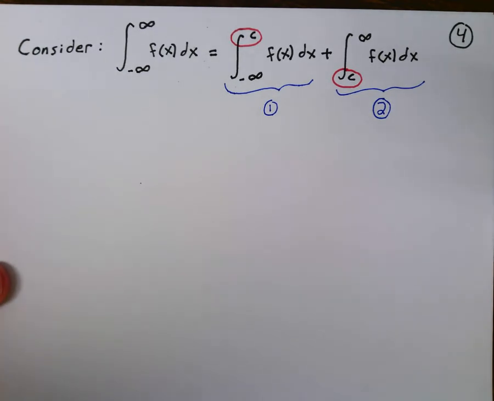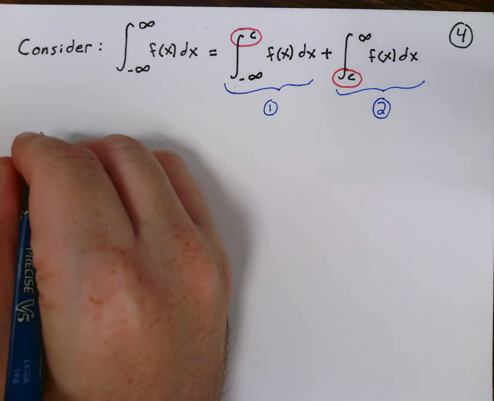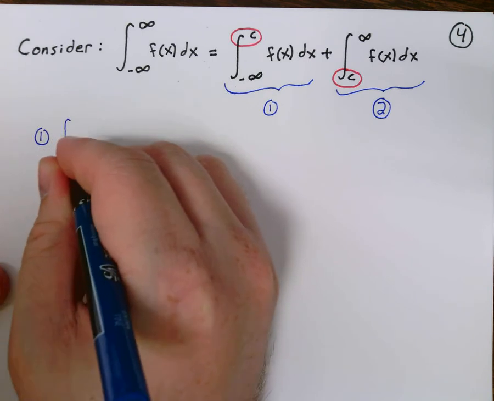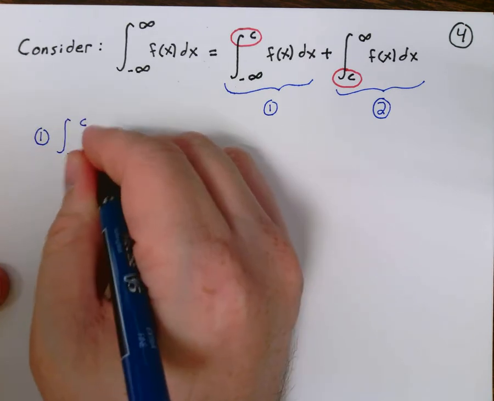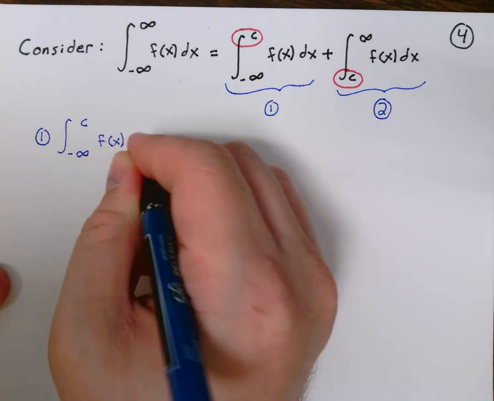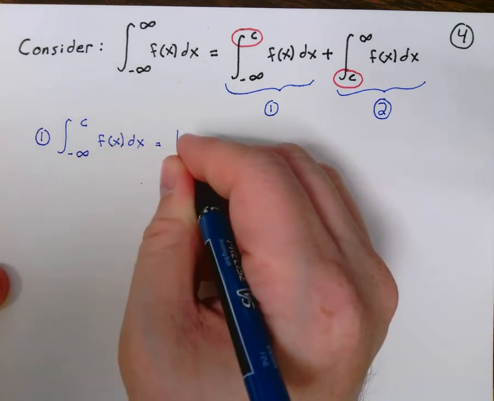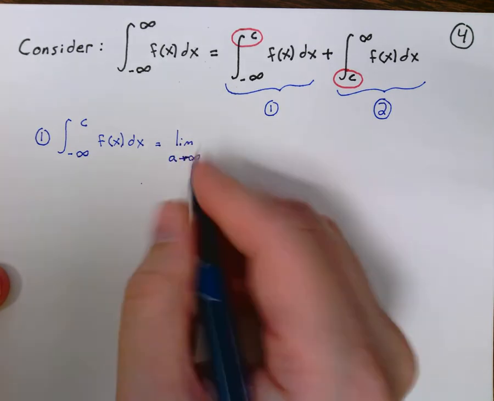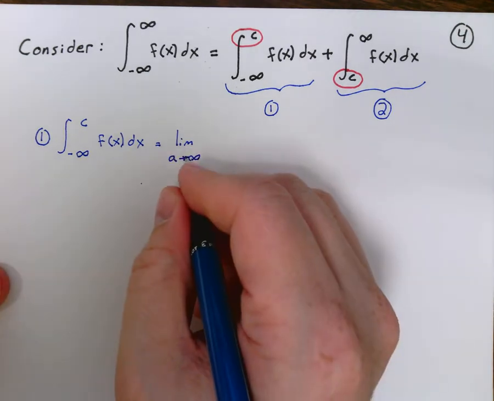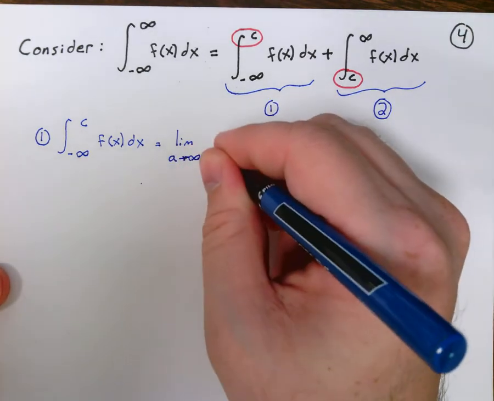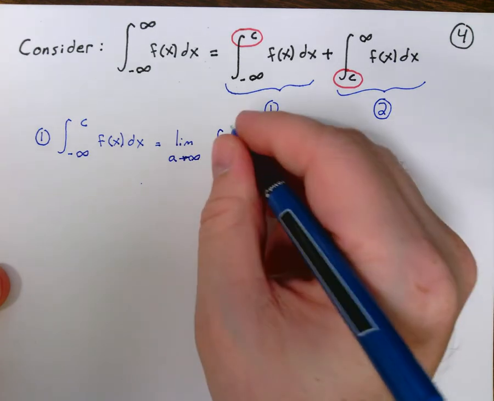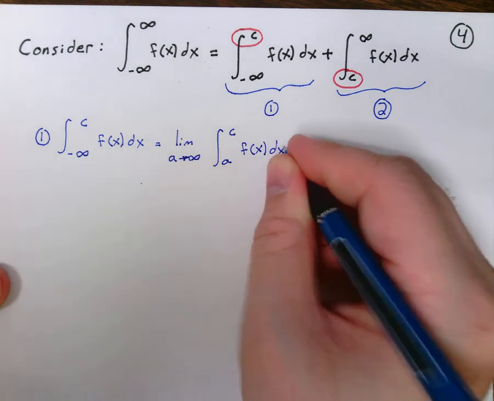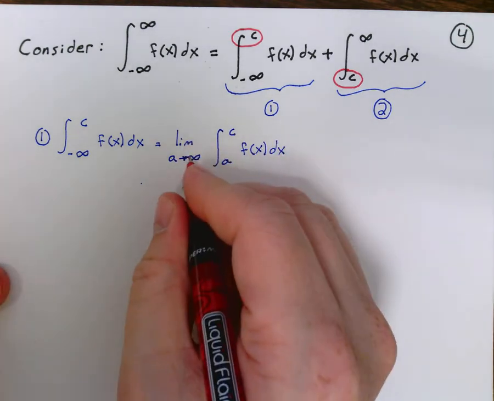Now for the first one, you do just like what I said on the last page. You're going to integrate from negative infinity to c of f of x dx, and you're going to split this up and say that's the limit as a goes to negative infinity. Make sure you've got the little negative. It's really small, but you see the little negative infinity right there? From a to c of f of x dx. I'm going to put this in red so hopefully it comes up on the notes.